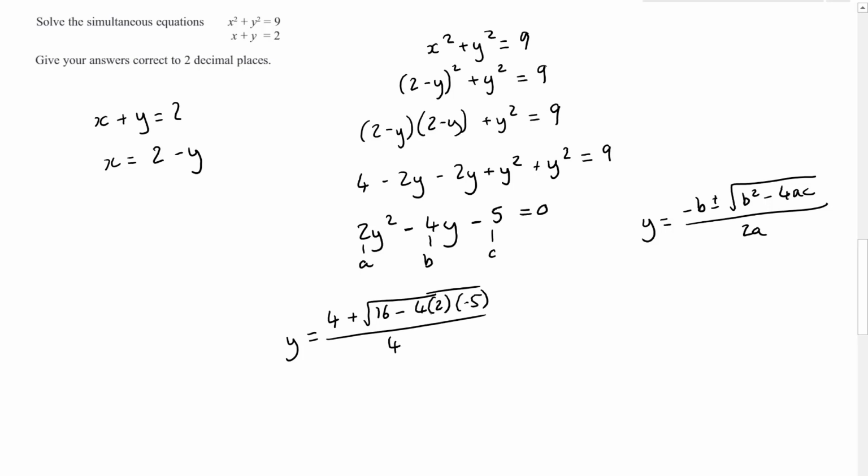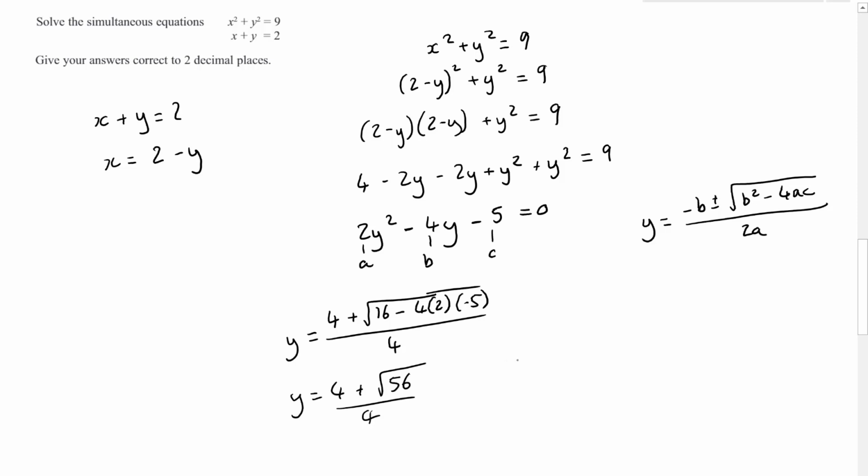Now we could simplify in here: minus 4 times minus 5 is positive 20, and positive 20 times 2 is positive 40. So y is equal to 4 plus root of 56 divided by 4.